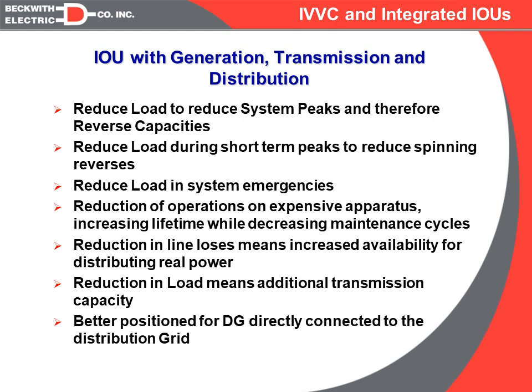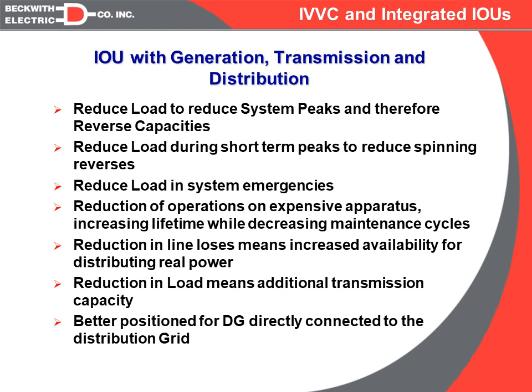Being able to hit one button and have 200 or 300 megawatts come off your system could very much be beneficial if we have a voltage collapse. Reduction in operation of apparatus. Also, reduction in CO2 and possibly carbon tax credits.